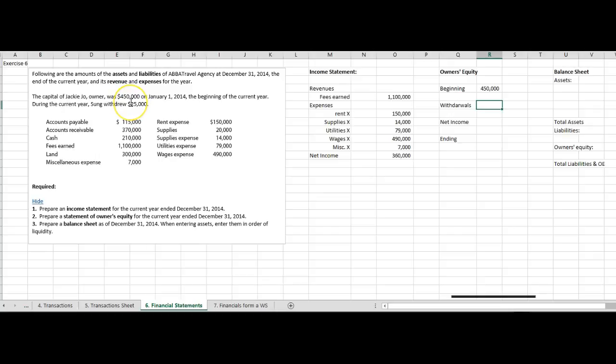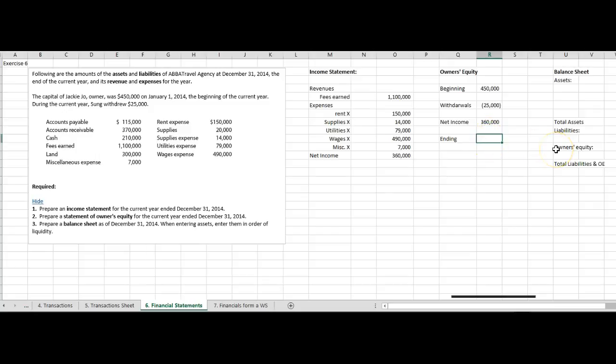Withdrawals were $25,000. And that's going to have to be a negative because that's going to be subtracted from that. So I'm going to put a negative in front of it just to make sure everybody understands that. And I'm going to add net income, which is $360,000. Which is going to give me my ending.